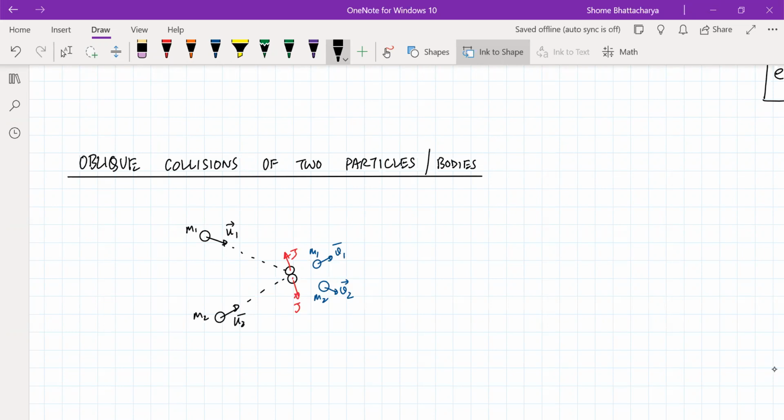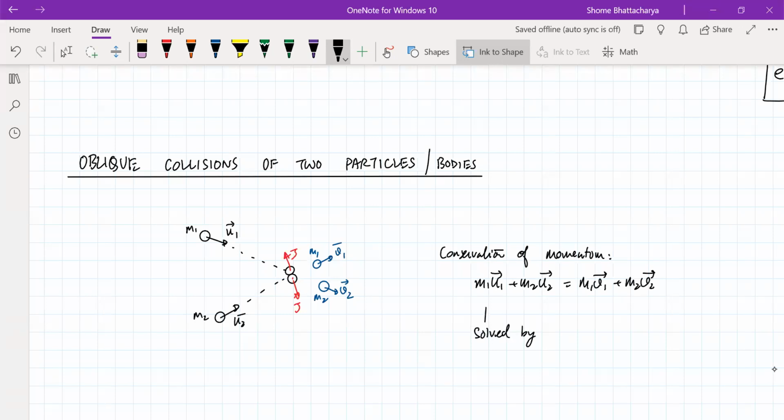So conservation of momentum, here it becomes a vector relation. So this equation has to be solved by component algebra.